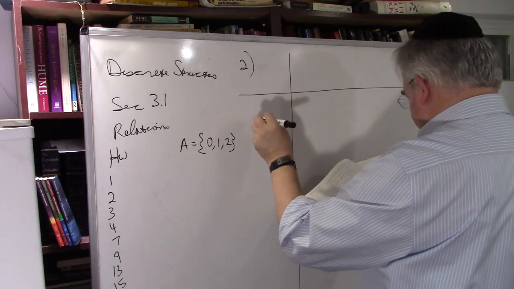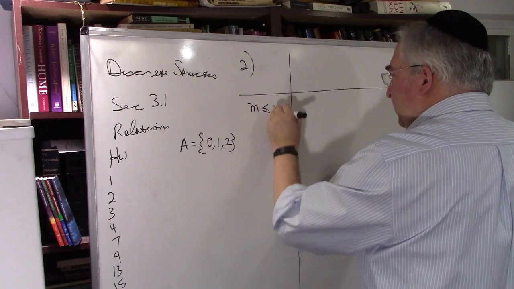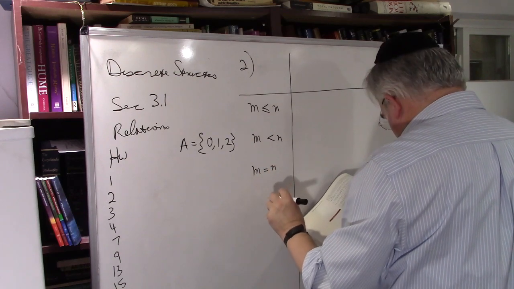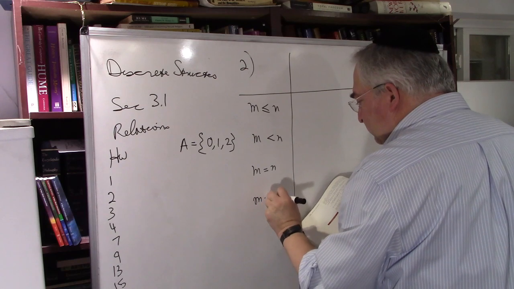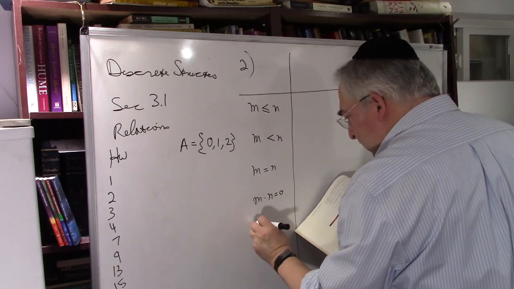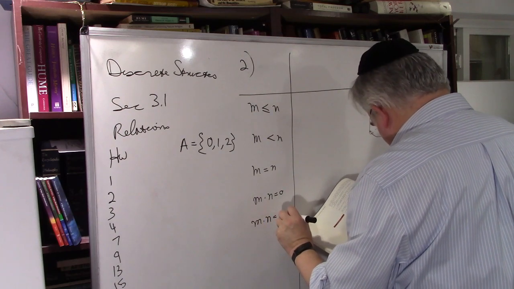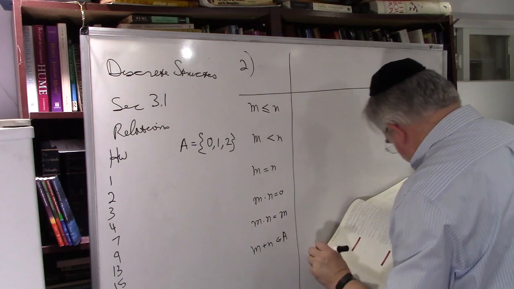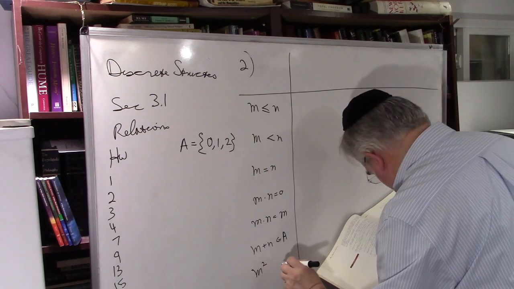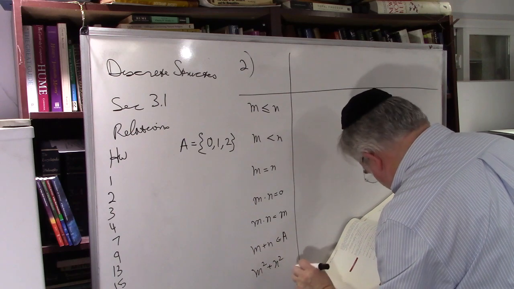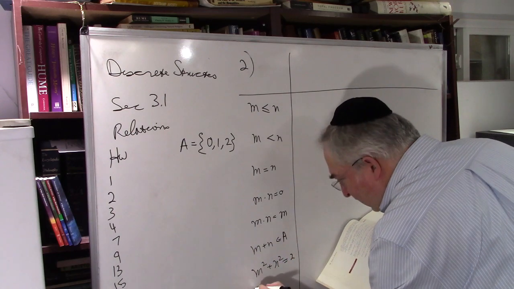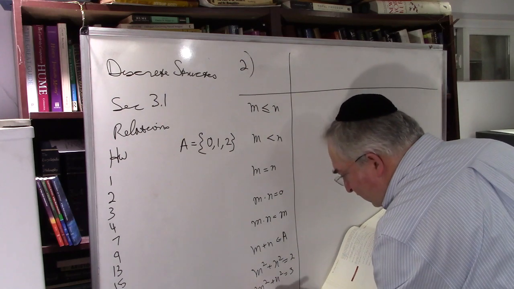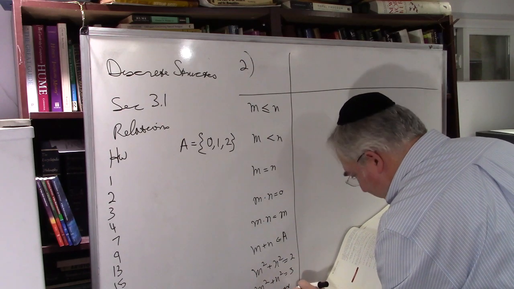Okay, let's do it. M less than or equal to n, m less than n, m equal to n, m times n equals 0, m times n equals m, m plus n is a member of A, m squared plus n squared is equal to 2, m squared plus n squared is equal to 3, and m equals max of n comma 1.